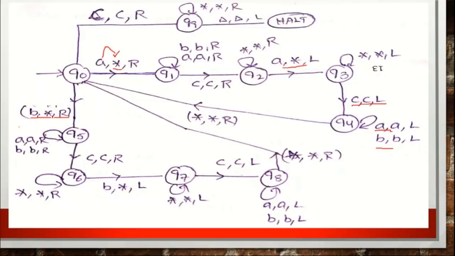In this process we can read any number of A's and B's. Those A's and B's should not change, they stay as they are. Whenever we read A, no change and move right. Whenever we read B, no change and move right. Whenever we read C, no change and move right. After C, there is a chance of getting already marked symbols. Those are stars, so those stars stay as they are and then move right.